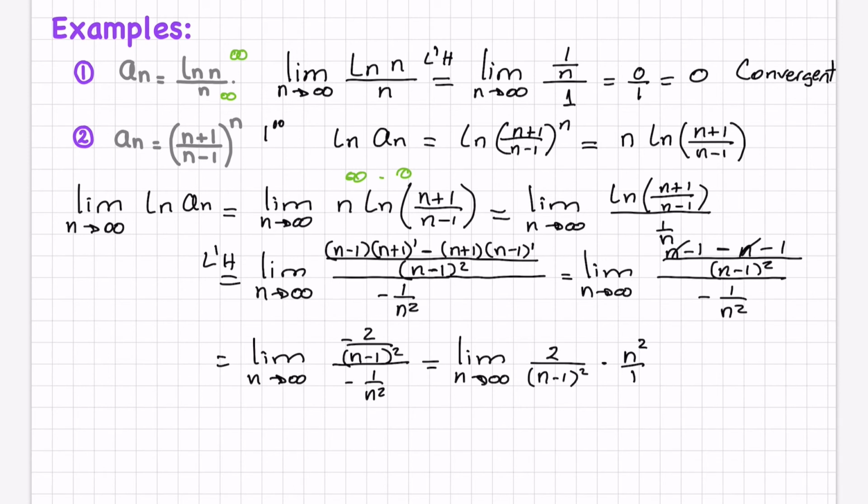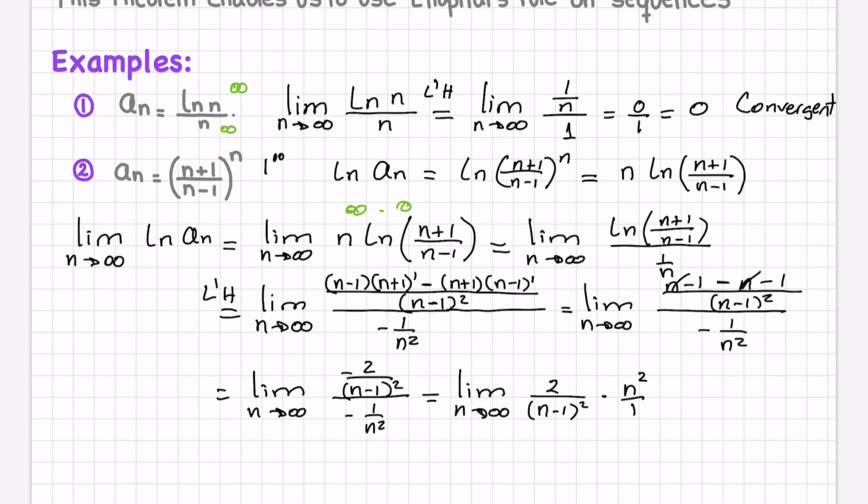I'm just checking that everything is fine. Wait, what happened here? Let me check. Blah, blah, blah, and minus 1. Oh, they did it differently. They did it differently, but I think we get the same answer anyway. And that is 2n squared over n squared plus 2n plus 1.